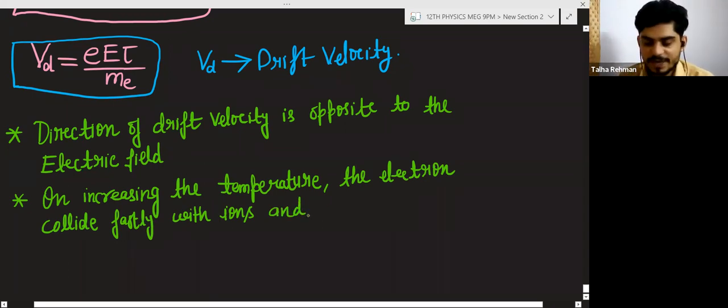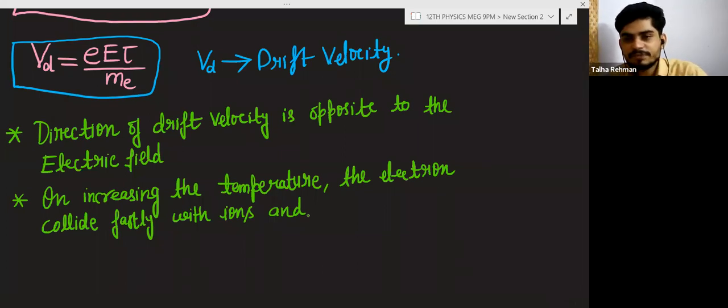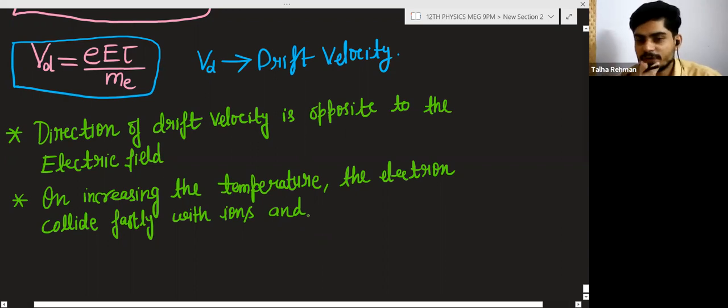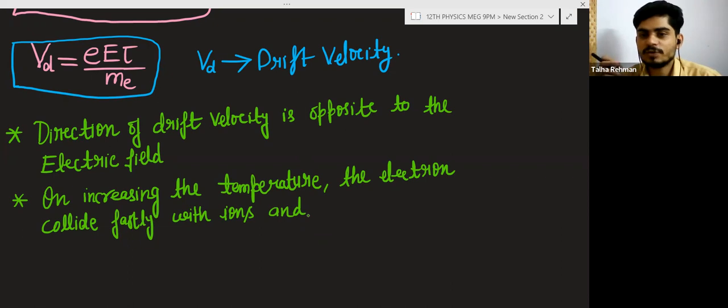See here, when the temperature of the conductor is increased, then inside the conductor the motion of electrons, meaning the collision of electrons with the ions, will become very fast. When the collision becomes fast, the relaxation time of the electron will decrease.